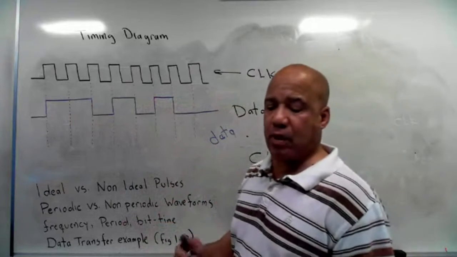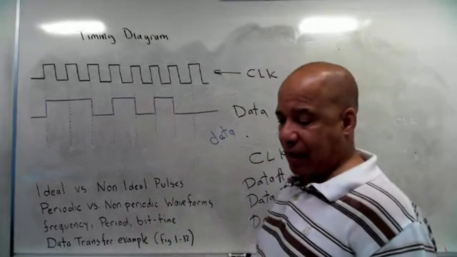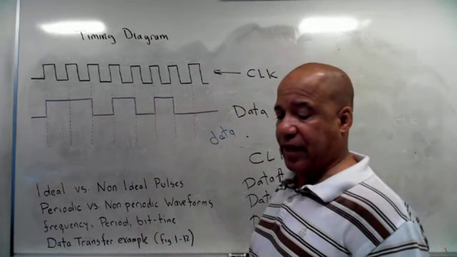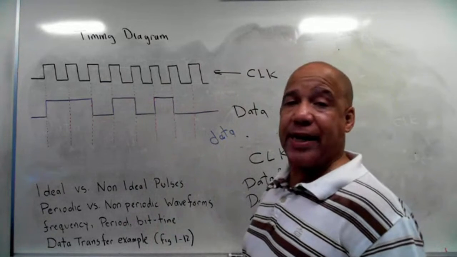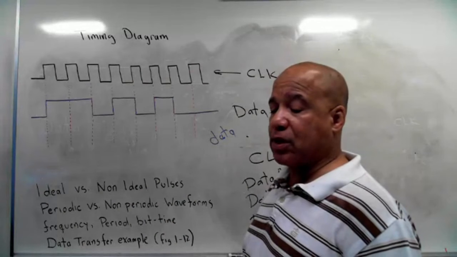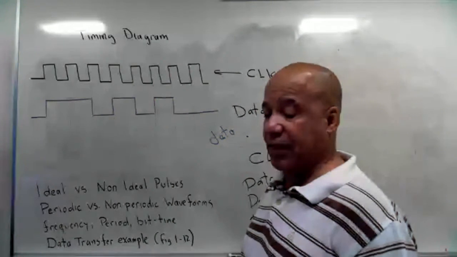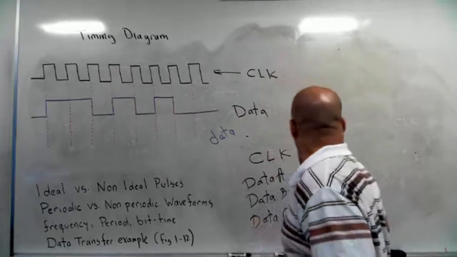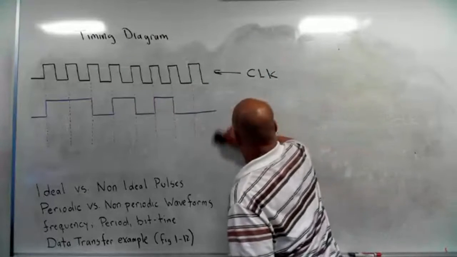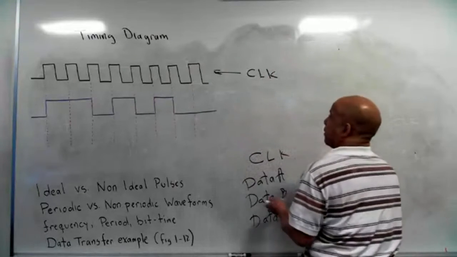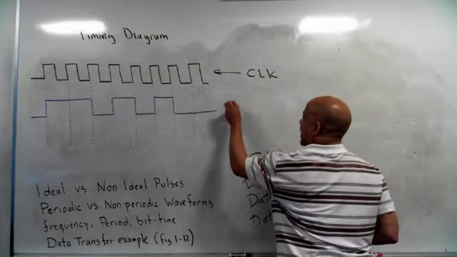Now let me read the question I want you to do. Get your calculator out if you need a calculator, and I want you to do the calculation. Part A says, determine the total time required to transfer the 8 bits contained in the serial waveform A. So this is A. This is the data.